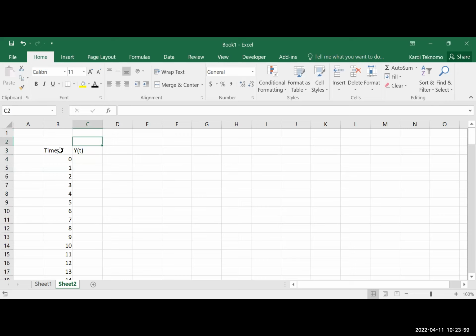So let's have mean and standard deviation. So I will put mean is 0, standard deviation is 1 for the noise, okay?